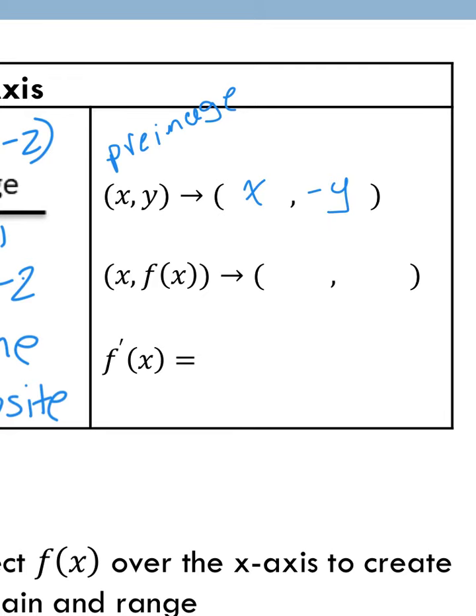So if we look at that with the function notation, we would say whatever goes in, x stays the same, and the opposite of y comes out. And then finally, in function notation, f prime of x is going to equal the opposite of f of x.